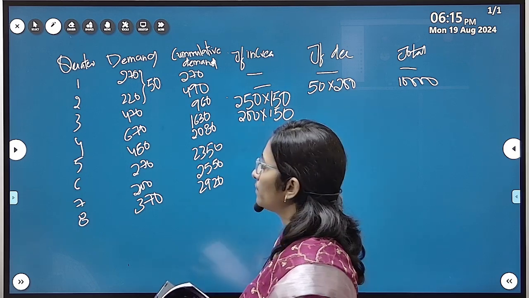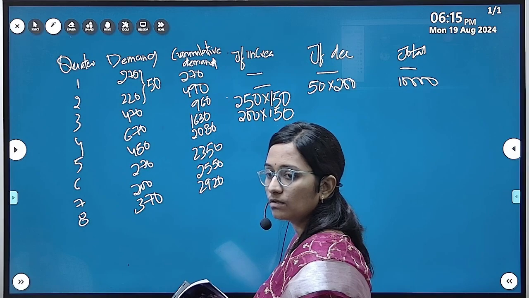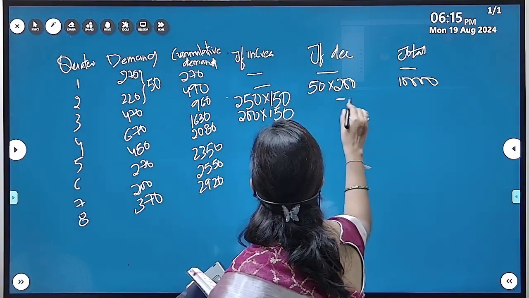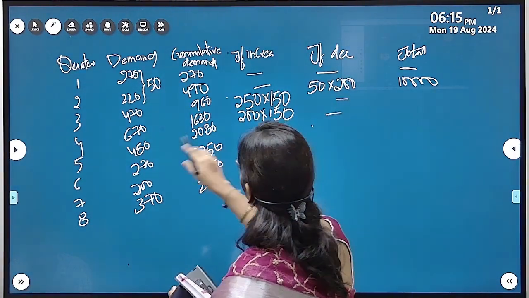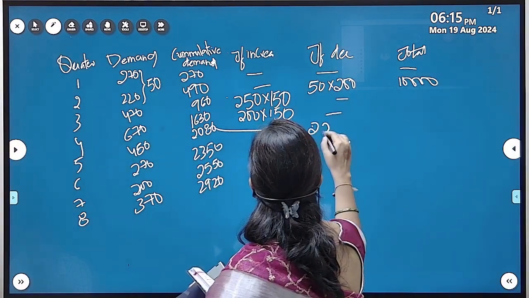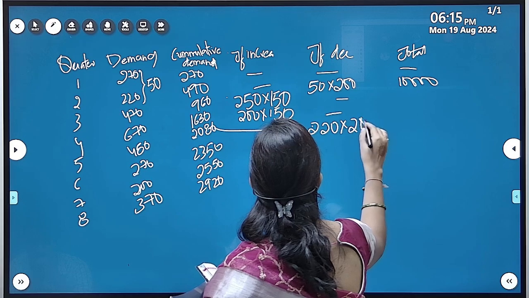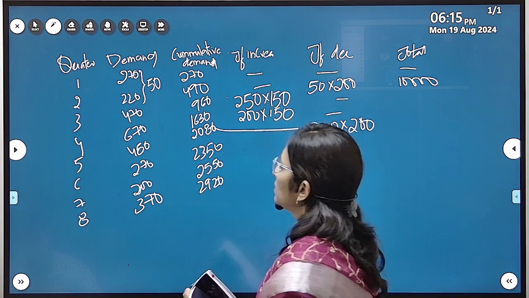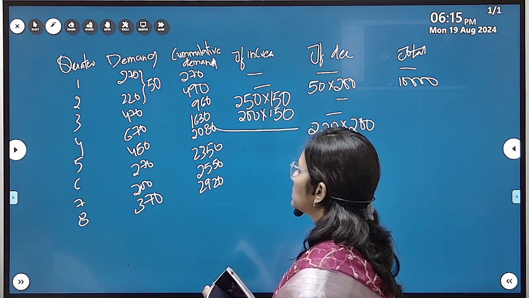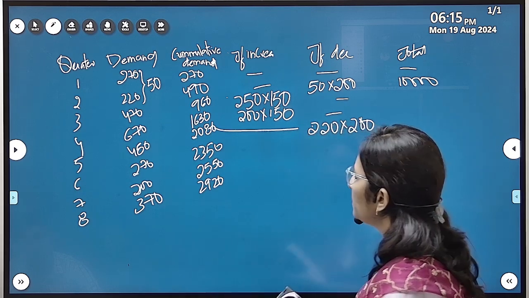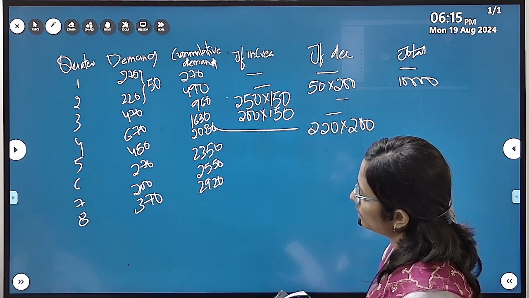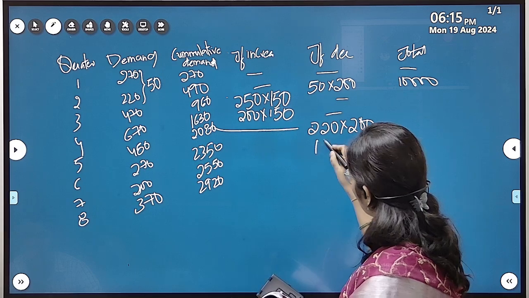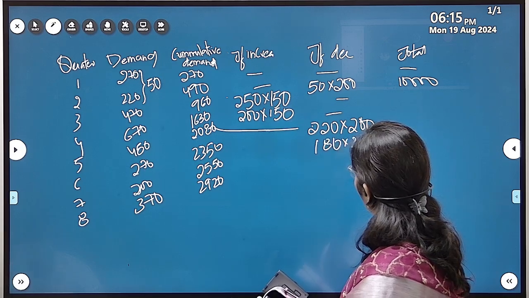So 450 minus 670, 220, decreasing, right? So 220 into what's the cost will be? 200. Next, in the sixth quarter, 270 minus 250, so it is decreasing. So it is 270 minus 450, 180. 180 into 200. Is that clear?